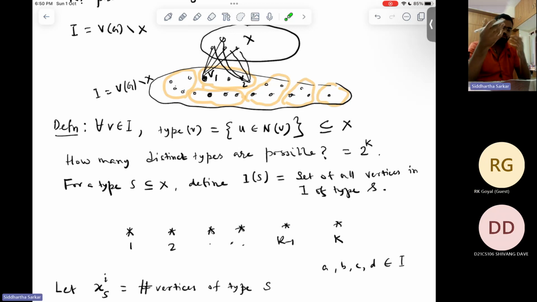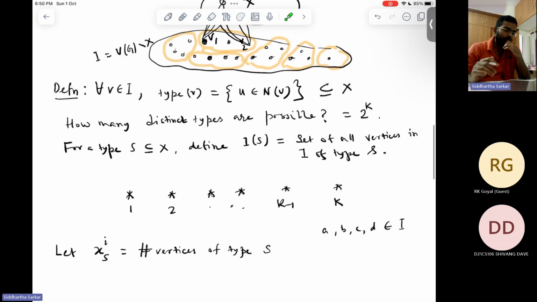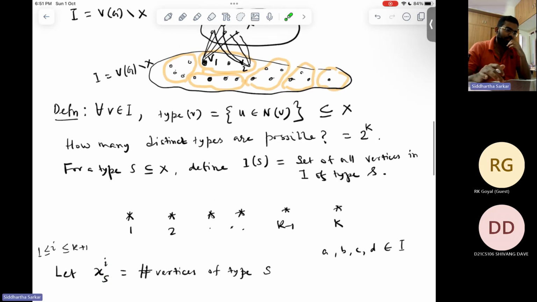Yes, yes. So now we are in a position to define the variables of the integer linear program. For every i between 1 and k plus 1, so these are the pockets, and every s. So what is s? s is, as we defined before, some type.